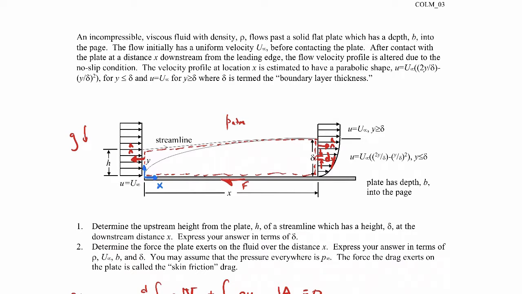In that case, if we do it in terms of gauge pressure, there's zero pressure force here, zero pressure force here, and because this is inclined, there'd be a projected area in the x direction because this is lower than that. But since it's gauge pressure of zero, there is zero pressure force in the x direction on the top surface as well. So there are no pressure forces acting on the surface.